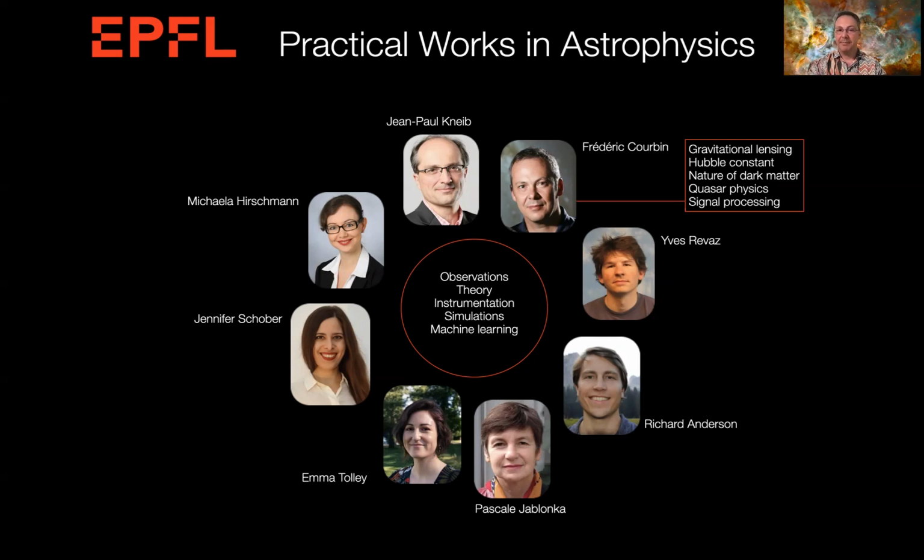And since lensing is magnifying the light of the objects that it's affecting, you can also do quasar physics and use gravitational lensing as a natural telescope to zoom in on the central parts of galaxies where sometimes there is a quasar. And some of my research is also in pure signal processing, mostly image deconvolution, denoising, and other techniques.